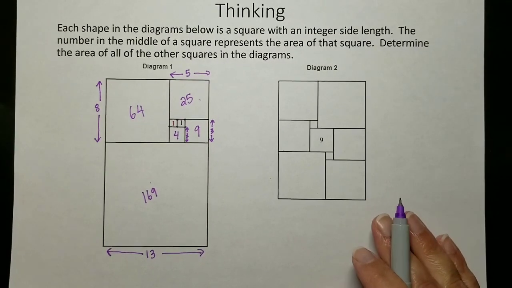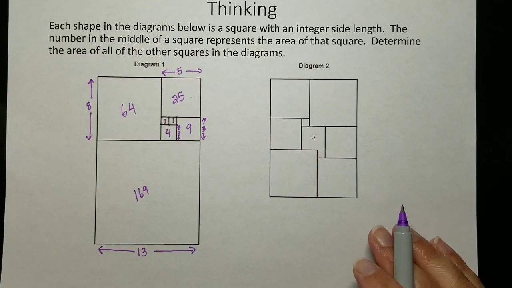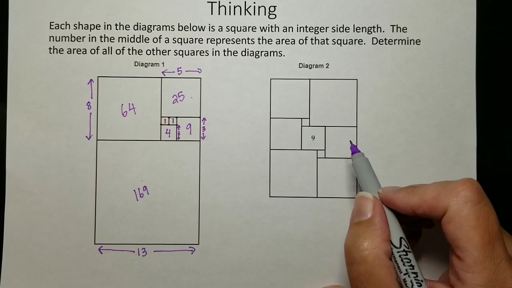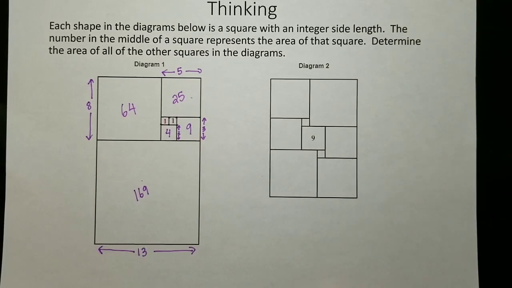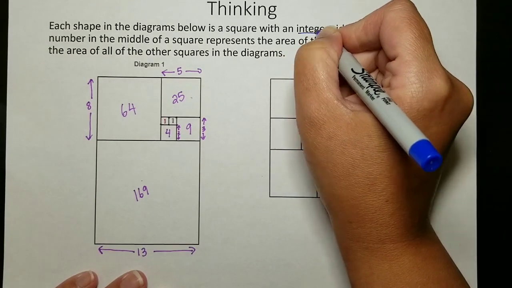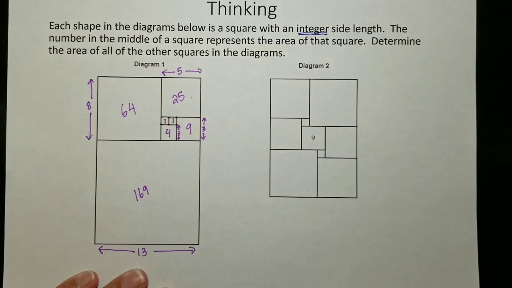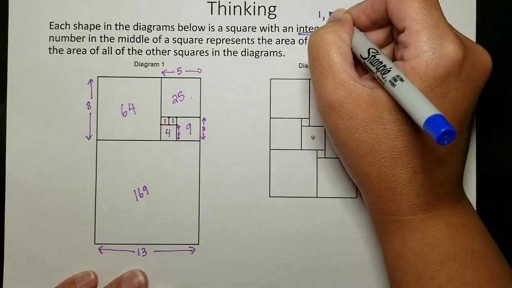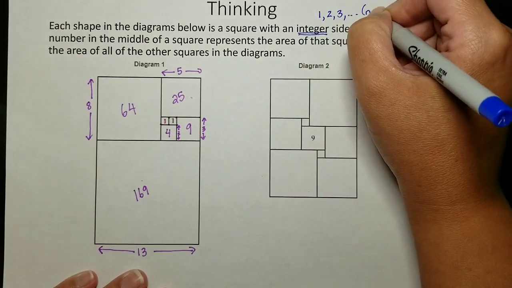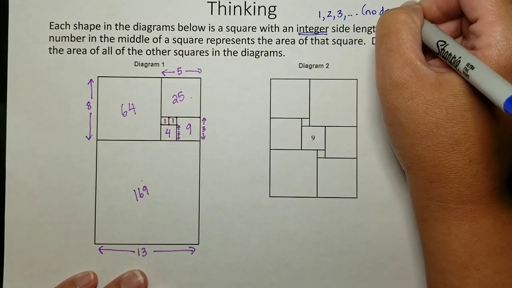So we're going to look at the next one here, a little bit different because we don't start with the smallest. So one important thing here is that these are all integer side lengths. So an integer, remember, is like numbers 1, 2, 3. It means no decimals.